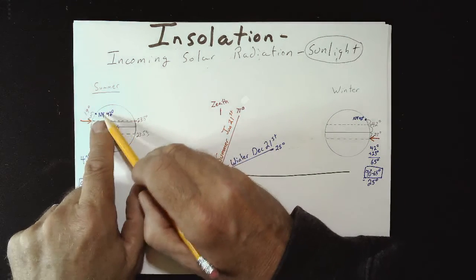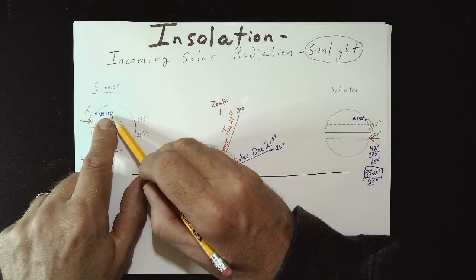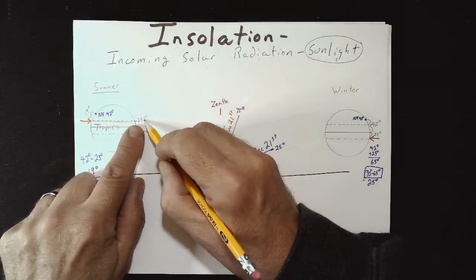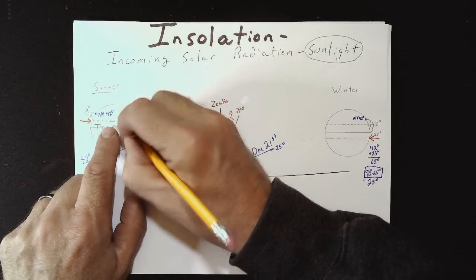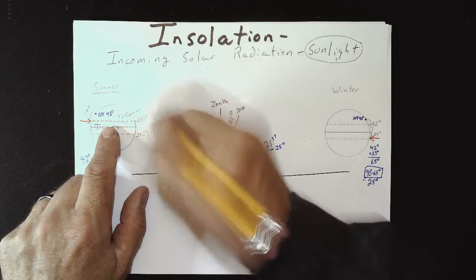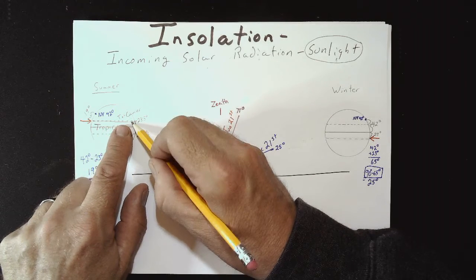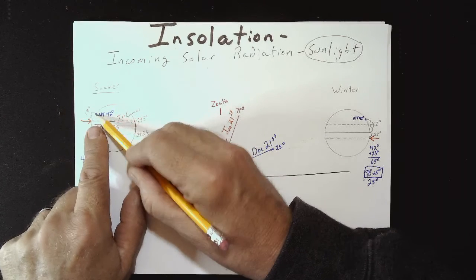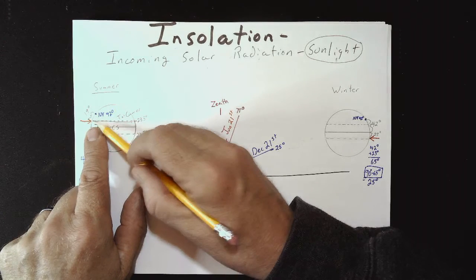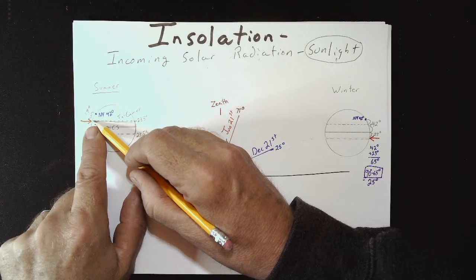New York State is roughly 42 degrees latitude. So this is the Tropic of Cancer, and that is where the sun is directly overhead on June 21st. Question is, how many degrees are we from where the sun is directly overhead? The sun being directly overhead would be 90 degrees.